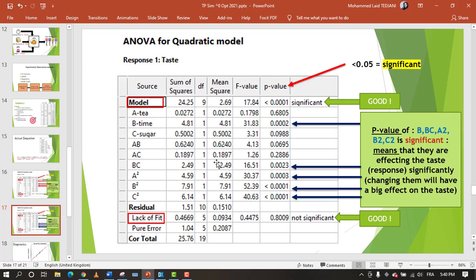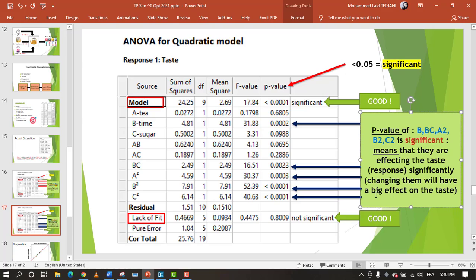On the other hand, in this table we have other variables that are significant, with a p-value less than 0.05. The p-values of B, BC, A squared, B squared, and C squared are significant, which means that they are affecting the taste response significantly.